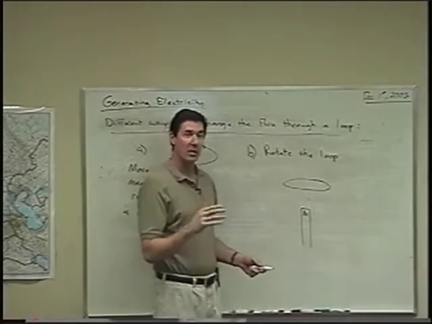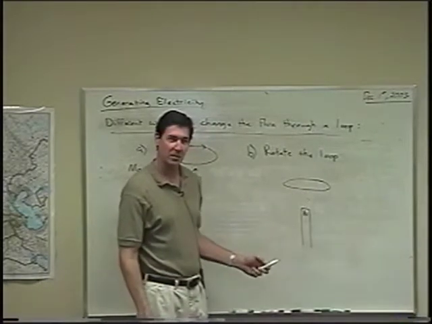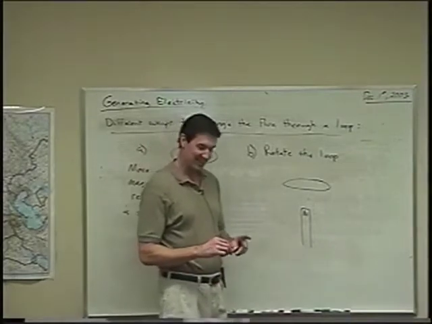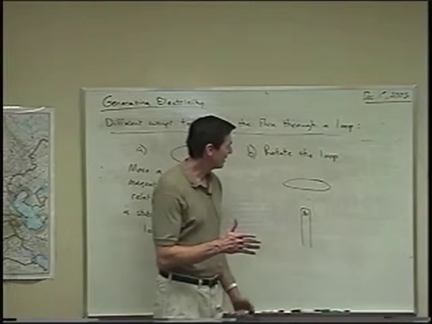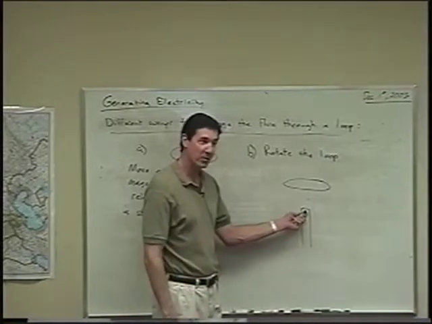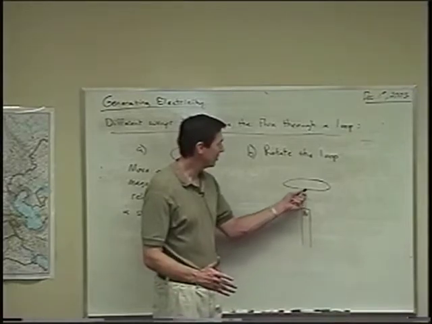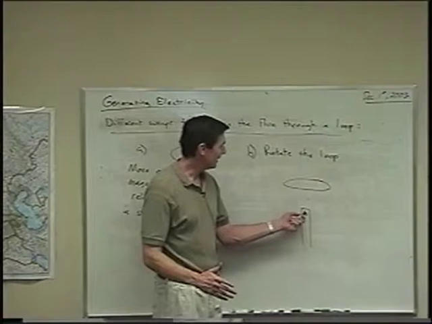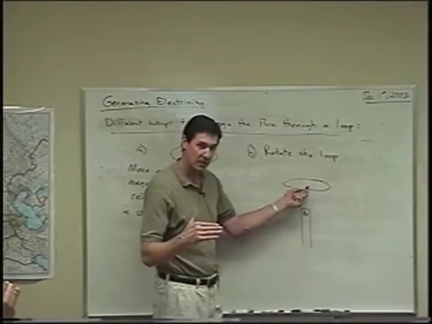Now, what's the direction of the current that will be induced from that? Can you figure it out? It's going to oppose the change, right? The change is to decrease the magnetic flux going through it.